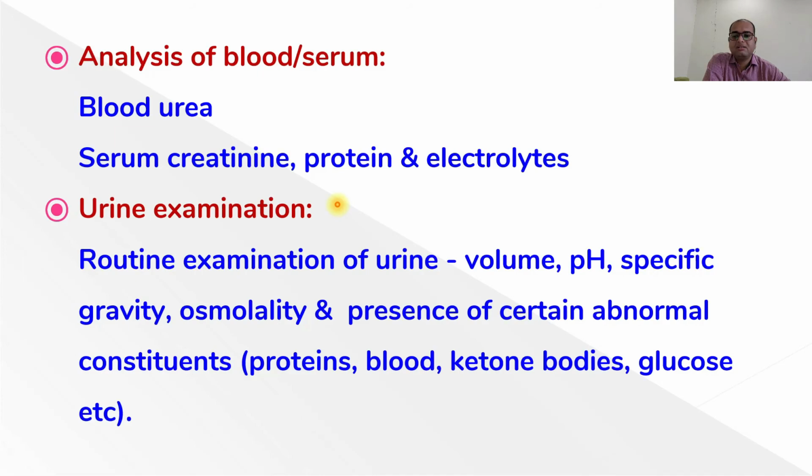And fourth is urine examination. Here, whatever is coming out of the kidney, that part we are going to examine, which includes volume of the urine, pH of the urine, specific gravity, osmolality, and presence of abnormal constituents which are normally not present in the urine, like proteins, blood, ketone bodies, or glucose.